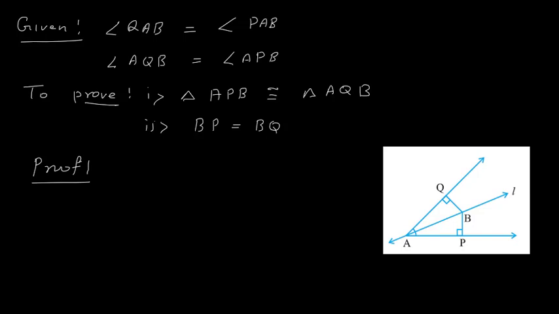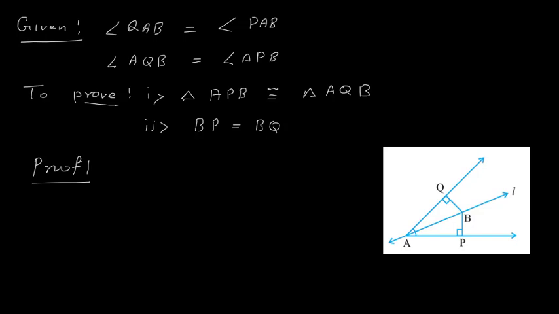So angle Q, angle P equal, angle A equal, and then there is a side AB which is common in both the triangles, so that is equal. So by angle angle side criteria, we will say that these two triangles are congruent. Now as these two triangles are congruent, their corresponding sides are equal. Therefore BP and BQ, they are the corresponding sides, so they are also going to be equal. So that's it. You have done the proof. You have only to write. So you can pause the video and write yourself.